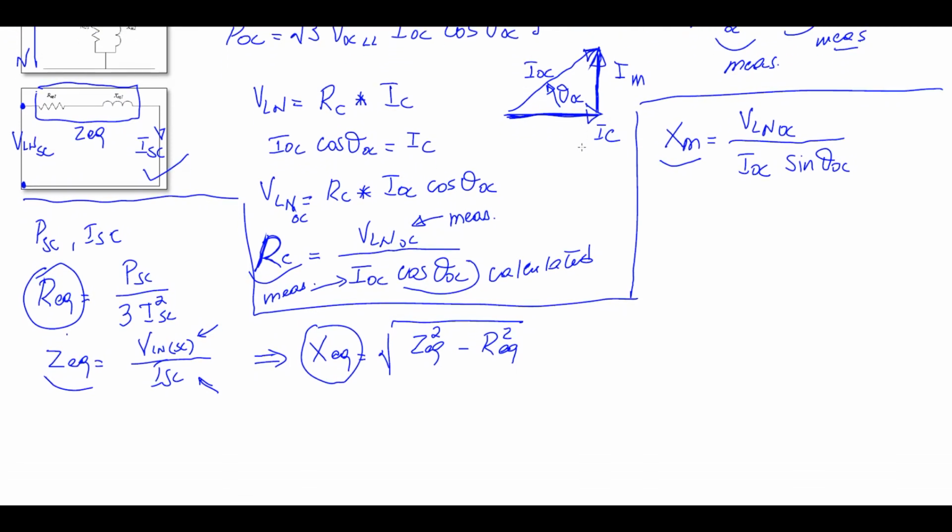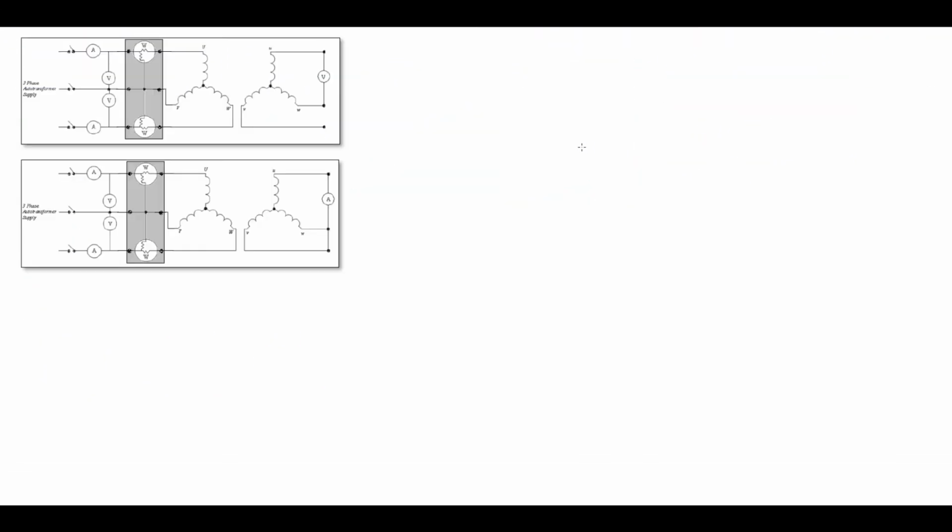If we go to the next page, I'm going to explain practically what you have to do. What we can see right now in front of us is the open circuit and short circuit test for a three-phase transformer. Here we supply our three-phase transformer by a three-phase supply.